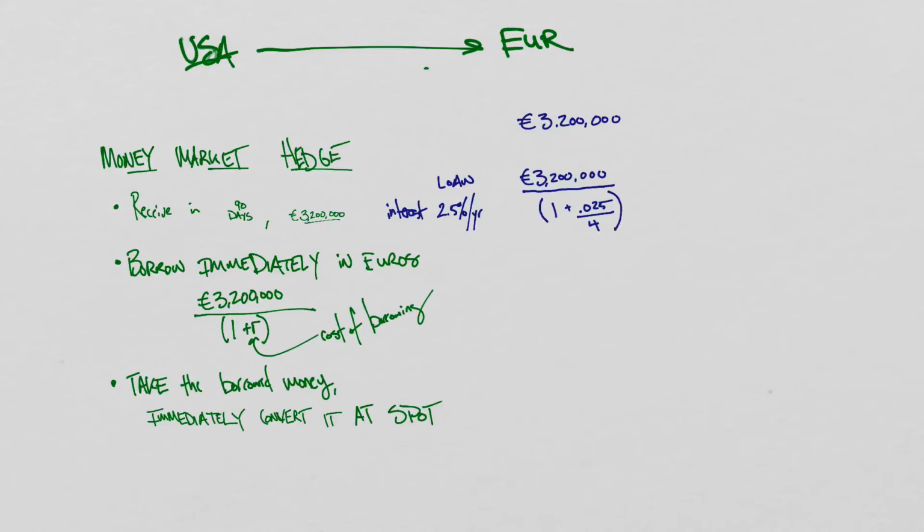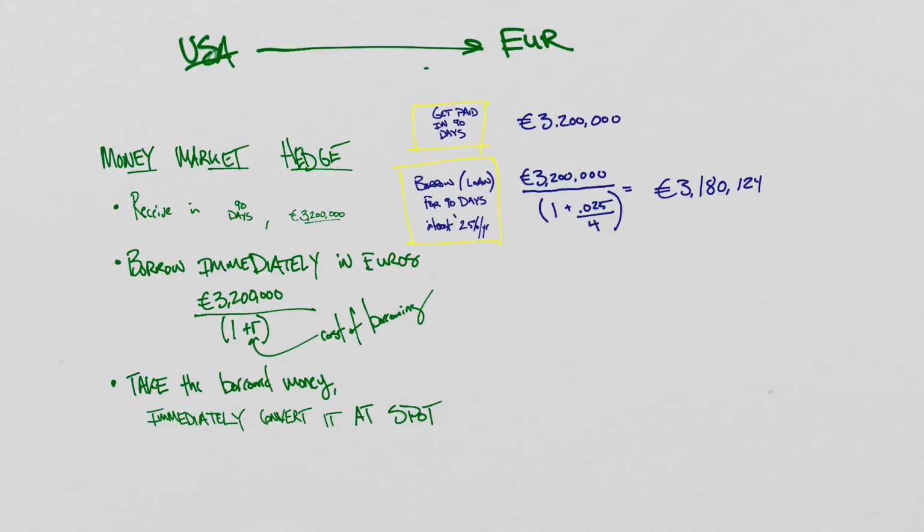And so this is the amount to borrow under this money market hedge. So they're not going to borrow 3.2 million euros, they're going to instead borrow something slightly less, 3.18 million euros.